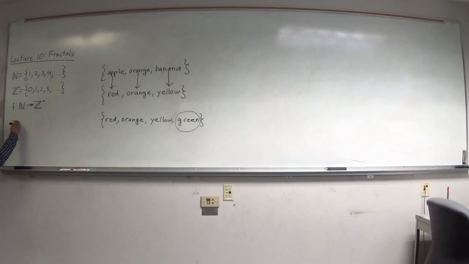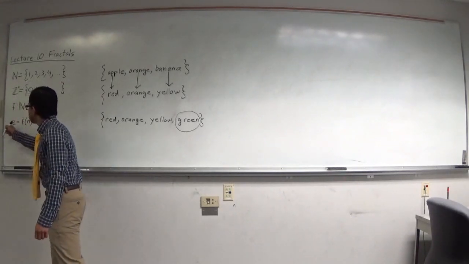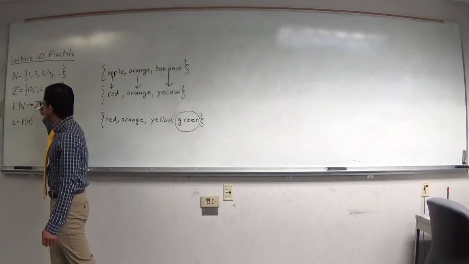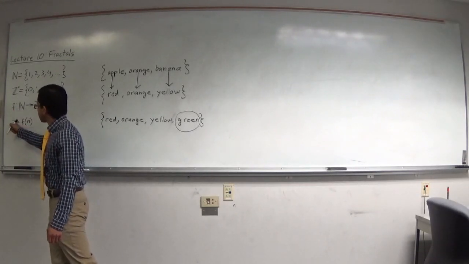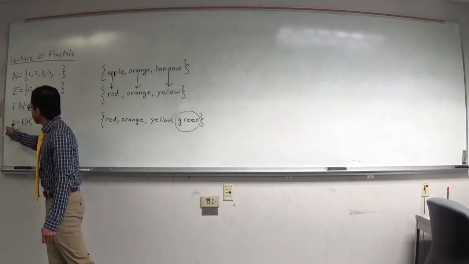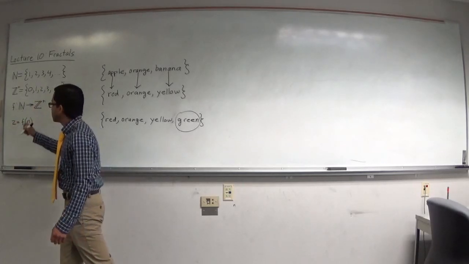So z equals f of n. That's how we want to set up that function, right? So f goes from N to Z plus, so that means for some z in Z plus and some n in N, we're going to have z equals f of n, right? But what's this f of n?